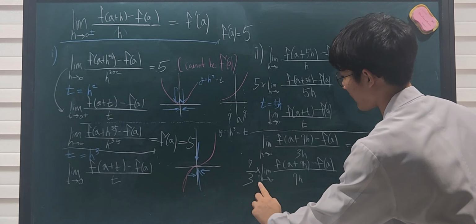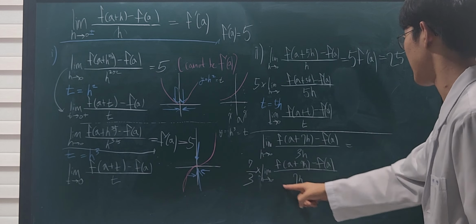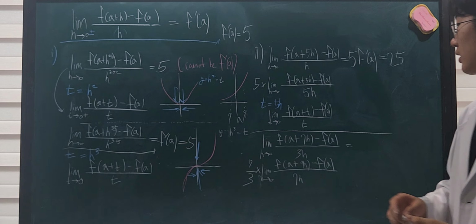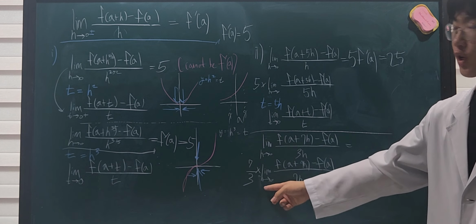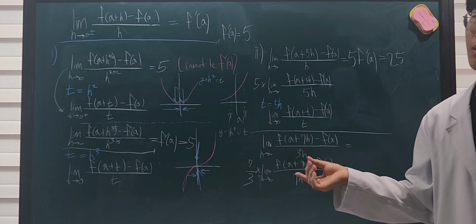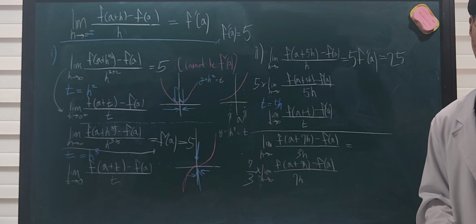Without actually making the substitution, we are just able to know that this thing literally coincides with the identity of the first principles. Because 7h, as h approaches 0 from both the positive and the negative side, 7h also approaches 0 from both the positive and the negative side.